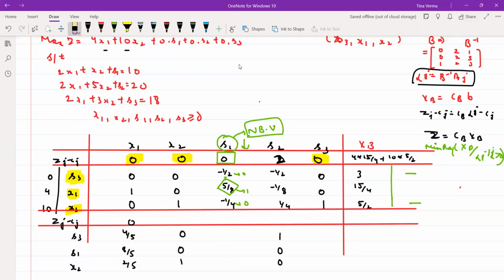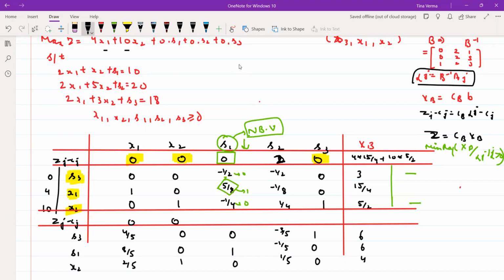S1 is basic. So it is coming out to be this is 0, 1, 0, and this is 0, 0, 0, 0, 1, 0, 1, 0, and this entry will be minus 3 by 5, and this entry will be minus 1 by 5, and this is 1 by 5, and this will be 1, 0, 0, and the solution is also coming out to be 6, 6, 4.